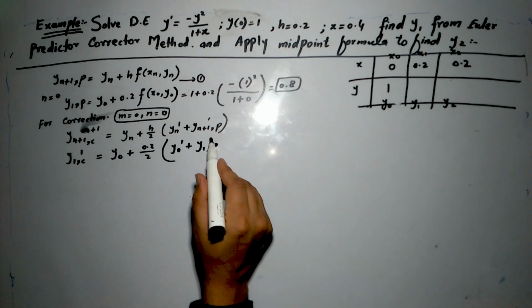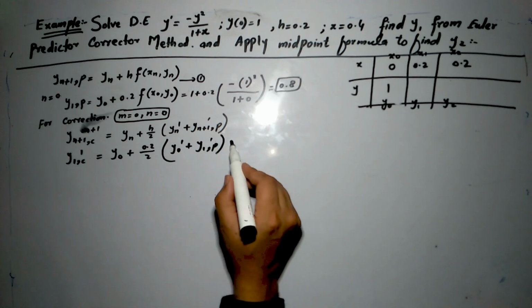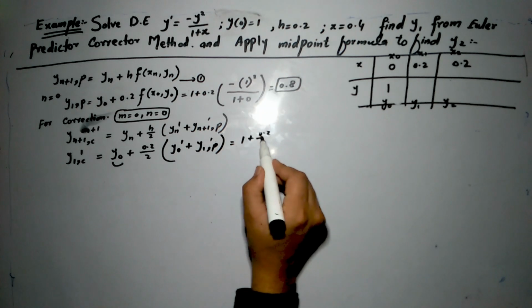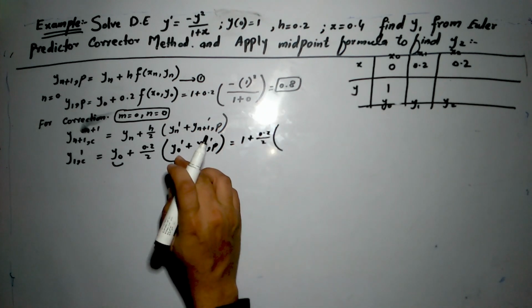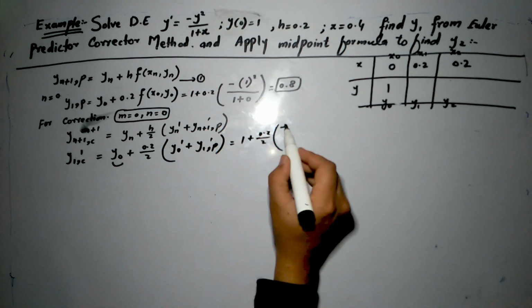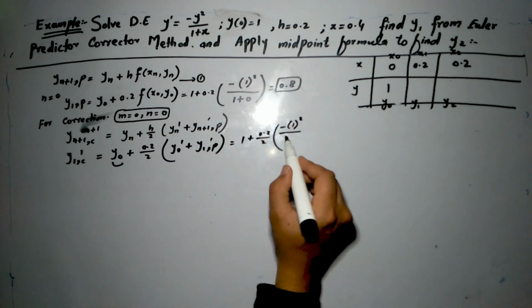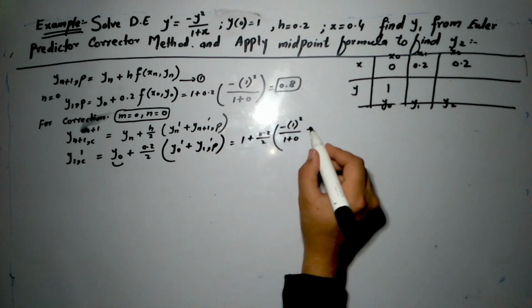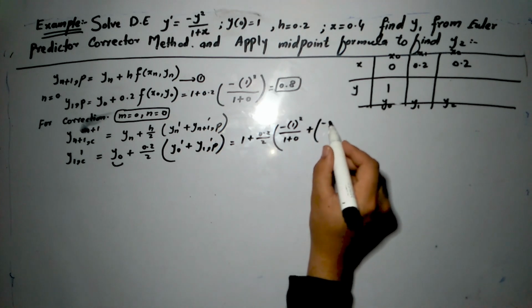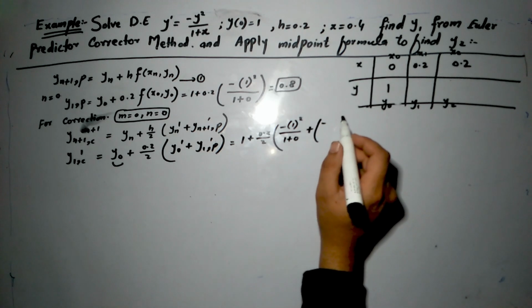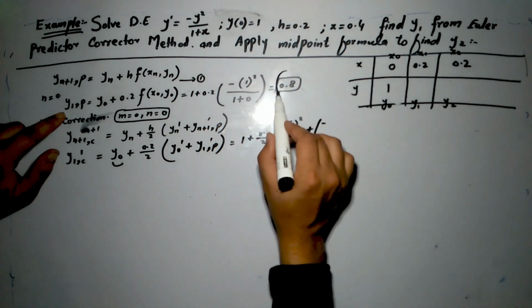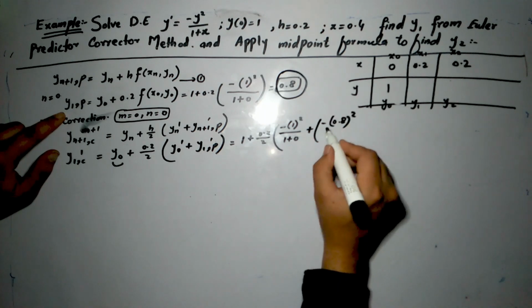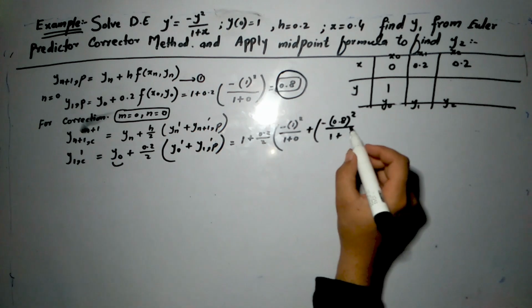So y1 c1, y0 is equal to 1 plus 0.2 over 2, y0 dash will be equal to minus 1 square over 1 plus 0, and y1 p dash will be minus 0.8 square over 1 plus x1, so x1 is equal to 0.2.